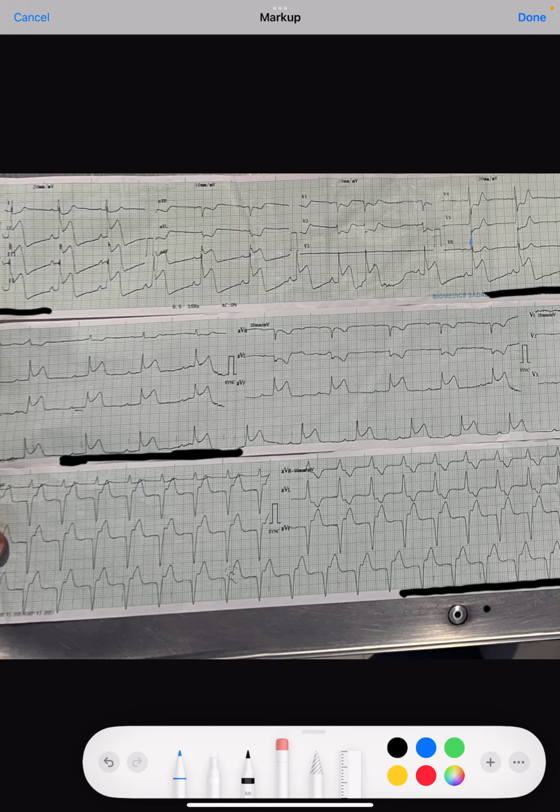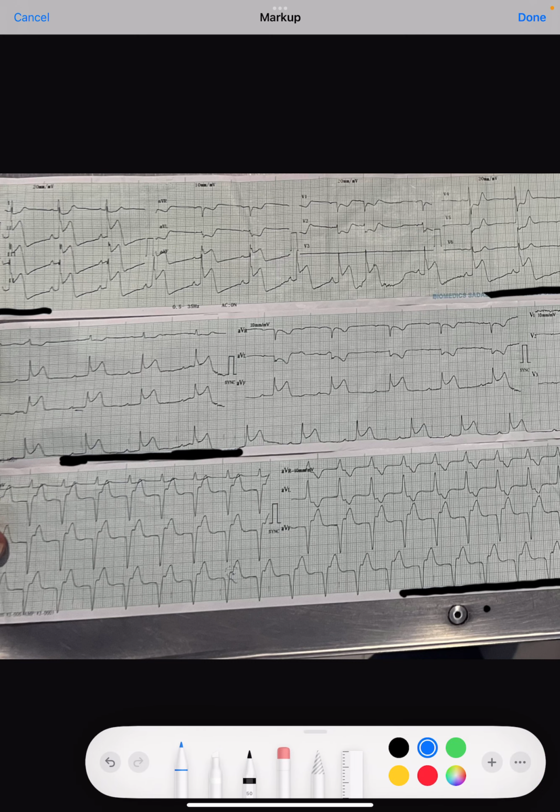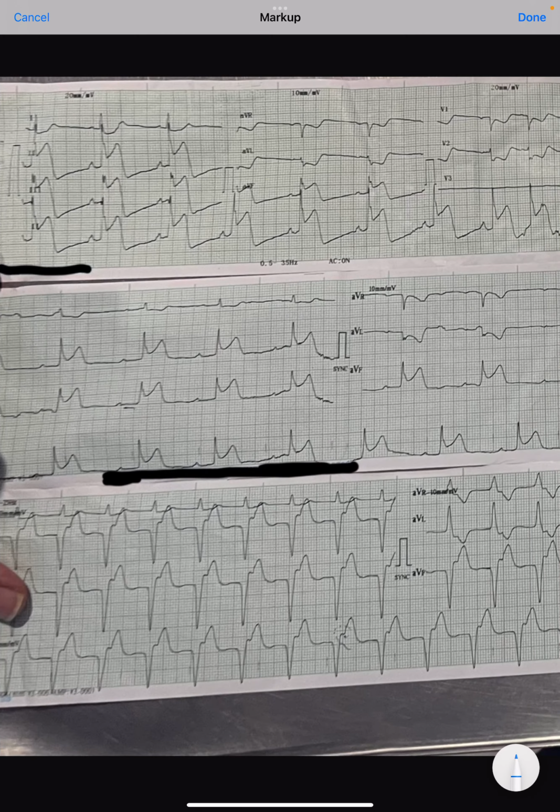Most of the time, doing thrombolysis or PCI, that is primary coronary angioplasty, can resolve the complete heart block within 20, 30, 40 minutes, and the patient may not need temporary pacemaking. But if there is significant damage, then the patient may need permanent pacemaking as well.